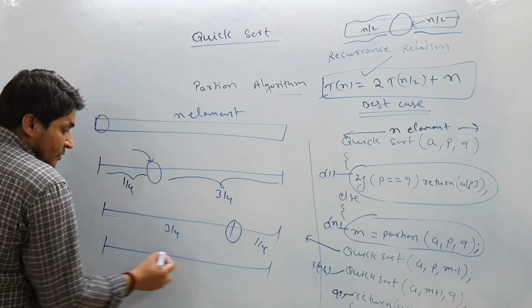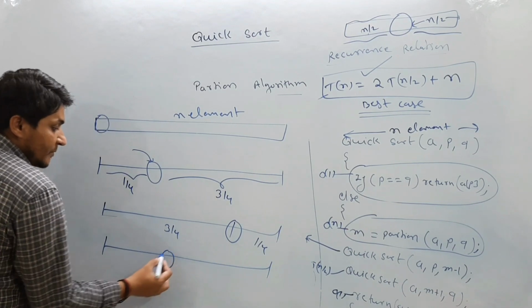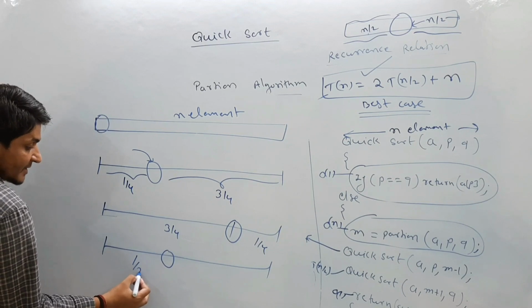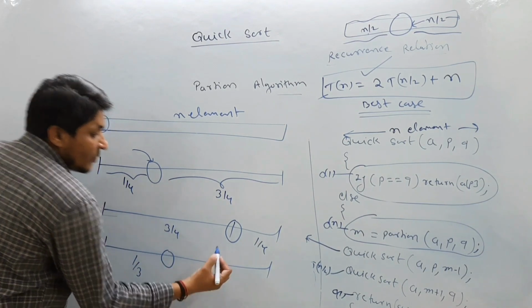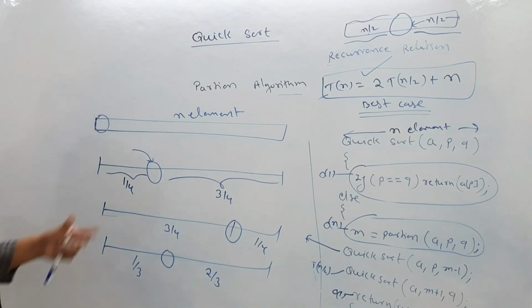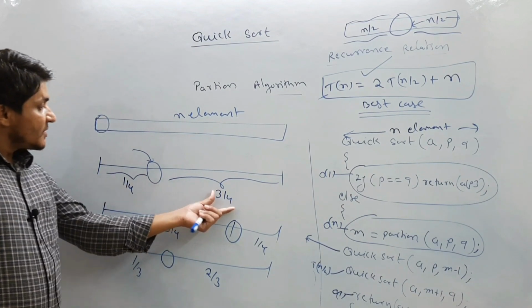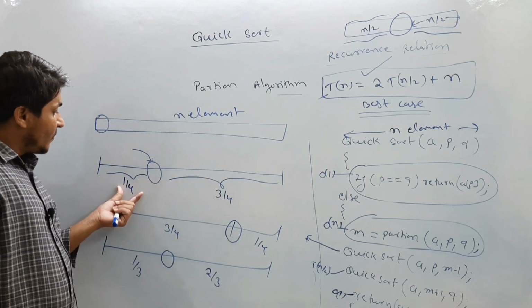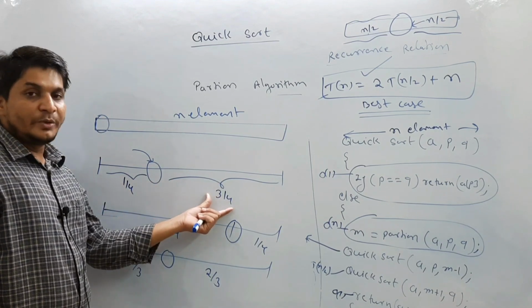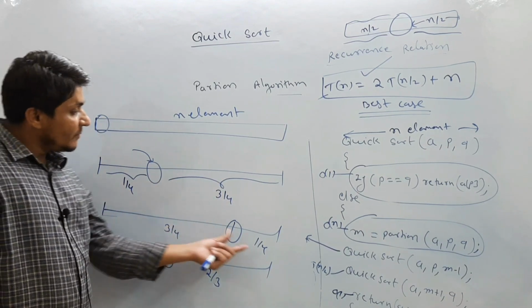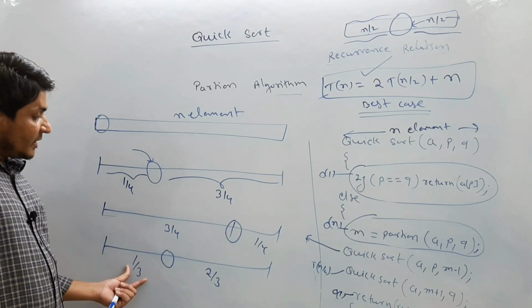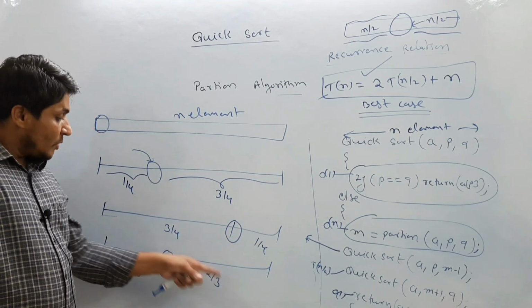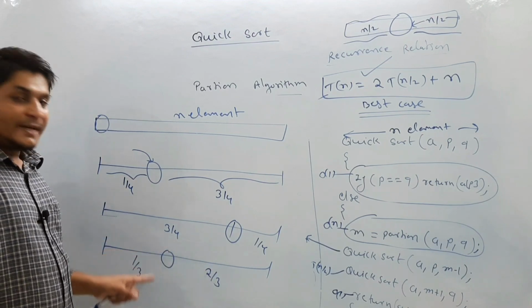Once you divide, let's suppose this is the correct position. This time 1/3 elements are available on the left hand side and 2/3 elements on the right hand side. If you sum these, 1/4 plus 3/4 is going to be 100%, and 3/4 plus 1/4 is 1. Again 1 by 3 is 33% and this is 66%, so ultimately they are 100% of the elements.